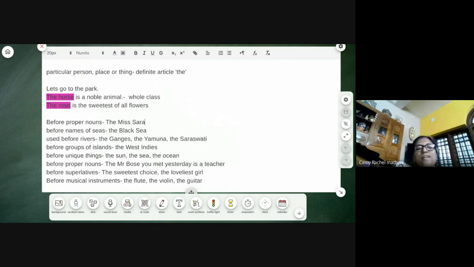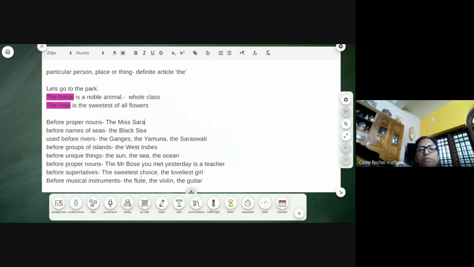You can use the before names of seas like the Black Sea. You can use the before rivers, the Ganges, the Yamuna, the Saraswati. You can use the before groups of islands, the West Indies, before unique things, the sun, the sea, the ocean. You can use it before superlatives.